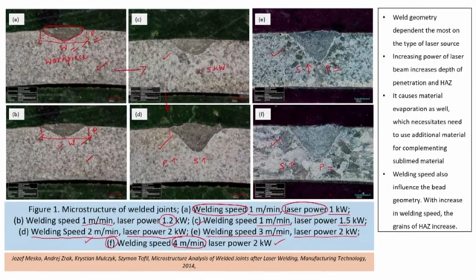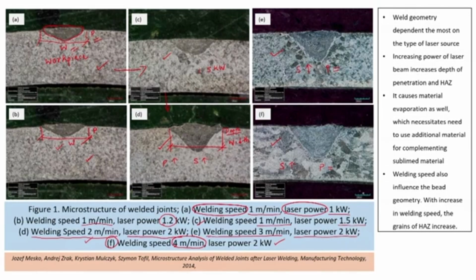You can notice over here that there is considerable enhancement in the width as well as the penetration depth. So, the speed is affecting majorly and the power is also affecting majorly during the weldment formation during the laser welding operation.